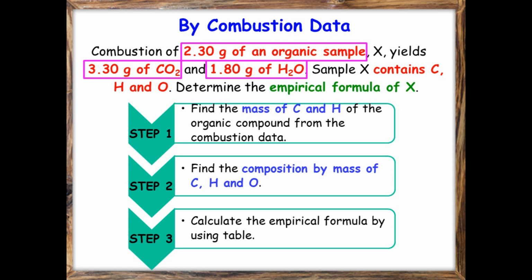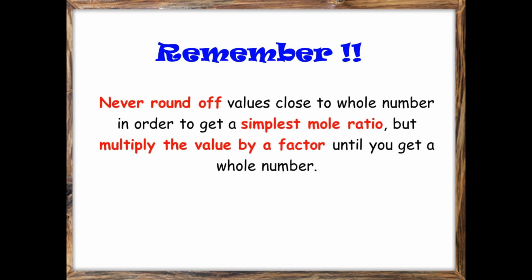Calculate the empirical formula by using table like the first example. Please remember, never round off values close to whole number in order to get a simplest mole ratio, but multiply the value by a factor until you get a whole number.